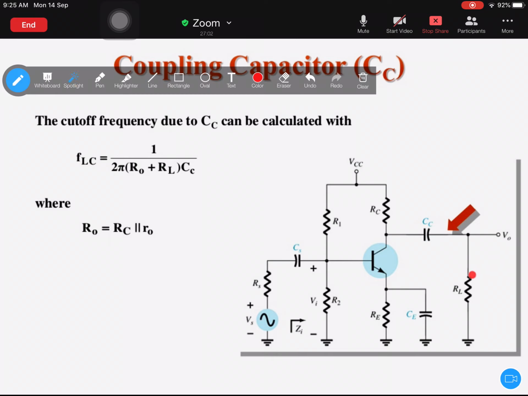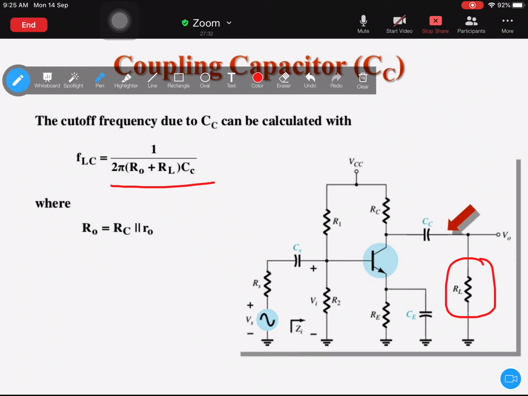Whatever resistance you get there is nothing but R0. And you can also find the RL value, which is present at the load. So the formula will be this one. FLC is equal to 1 by 2 pi into (R0 plus RL) into CC.